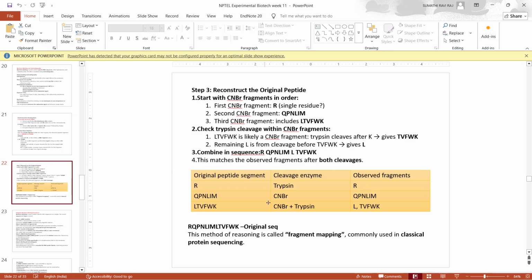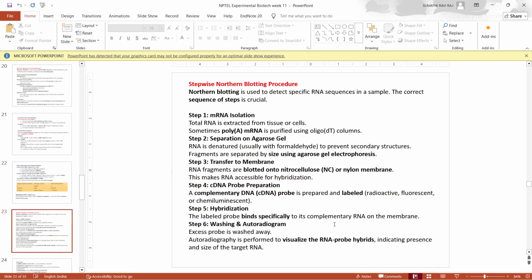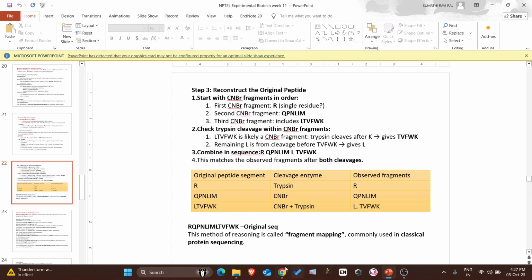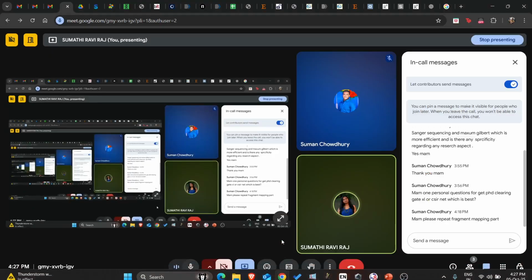So just remember that trypsin cleaves at R and K, and cyanogen bromide cleaves at M. So if the link is broken at M, that means after M there could be a sequence. I don't know if it is clear.